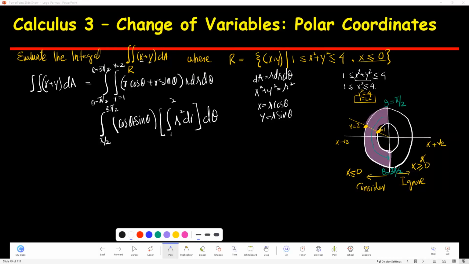I don't like to write these cos theta and sine theta outside the integral, because at the end of the day, we should consider this still a part of the integral. We just need to solve it later. Not writing it outside is the best thing to do.